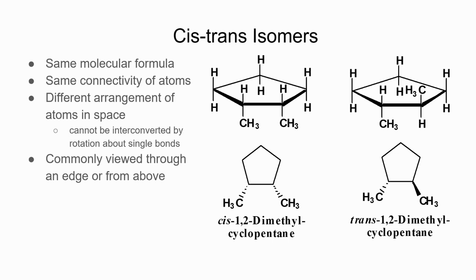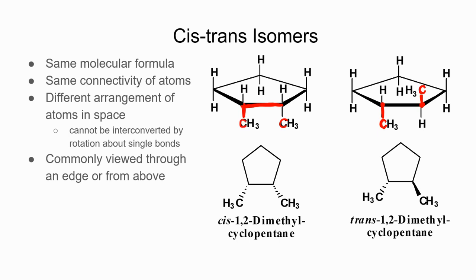Same connectivity, 5 are connected in the ring. There's 1 carbon coming off of the first carbon in the ring and 1 coming off the second carbon. So these 2 carbons that are coming off the ring are both just 1 carbon bond in between them, separating them. So that's the same connectivity.